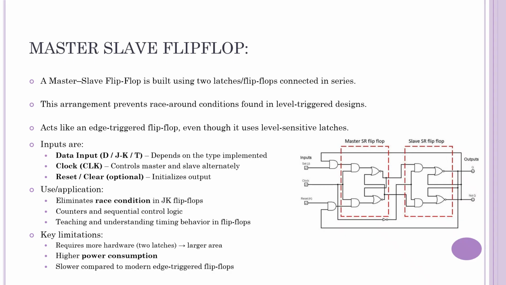The clock, which alternates control between master and slave, and optionally reset or clear for initialization. Here is the working principle in one line: clock high, then master active; clock low, then slave active. Output updates only once per clock cycle, and because of that, it ensures stable and predictable operation.